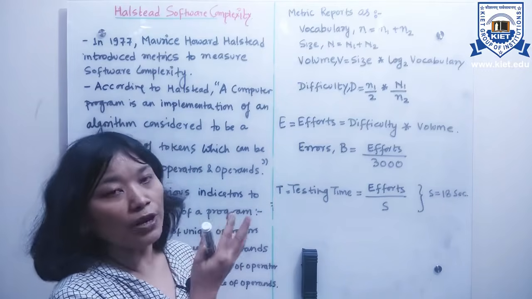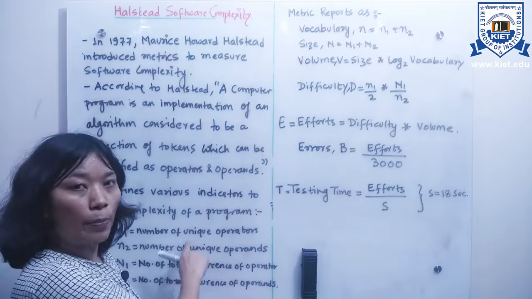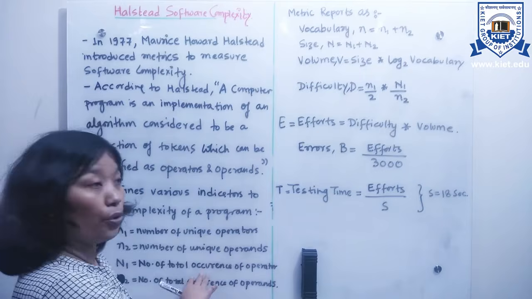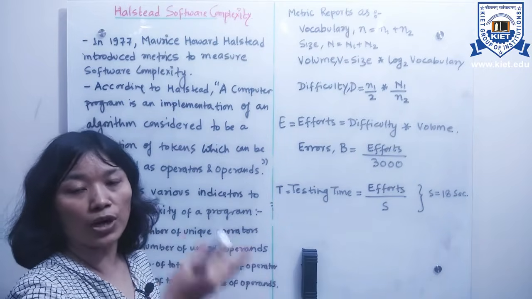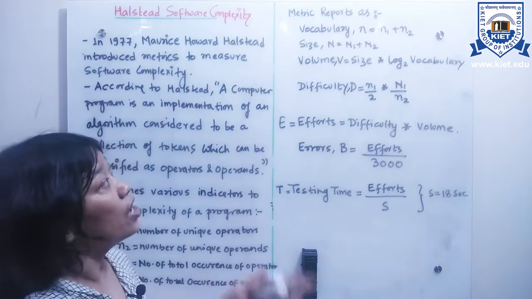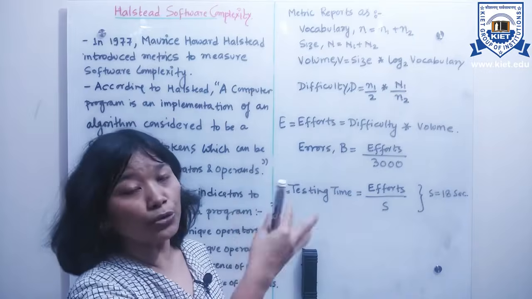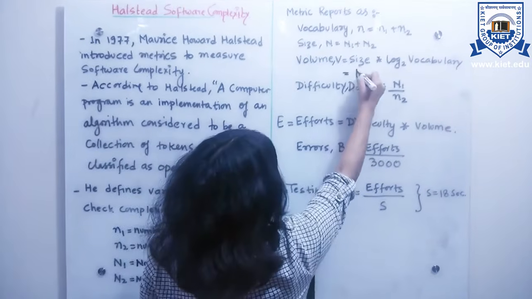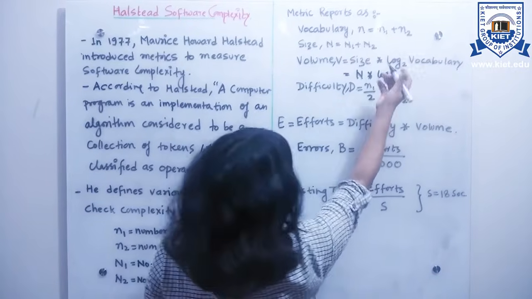For vocabulary, we take the sum of the number of unique operators and operands. For calculating the size, we take the total number of occurrences of the operators plus the total number of occurrences of the operands. For volume, we take the size times log 2 of the vocabulary, which can be written as N into log 2 of n, as simple as that.